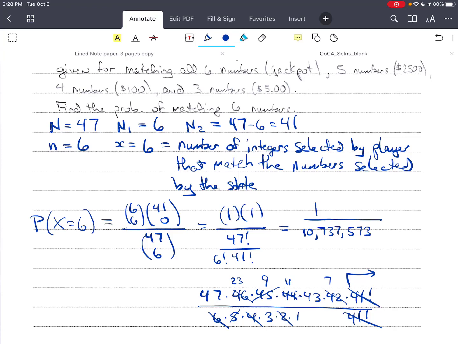And then 9 over 3 is 3, and that is 1. And so you can reduce this quite significantly to 47 times 23 times 3 times 11 times 43 times 7, which will give you 10,737,573. Very small probability here.